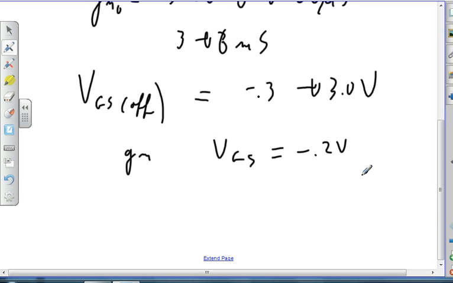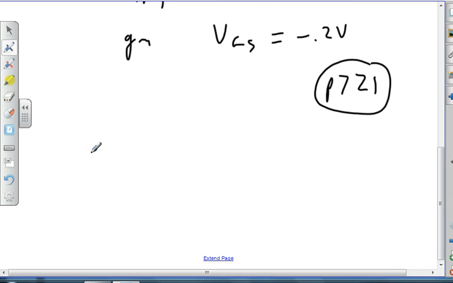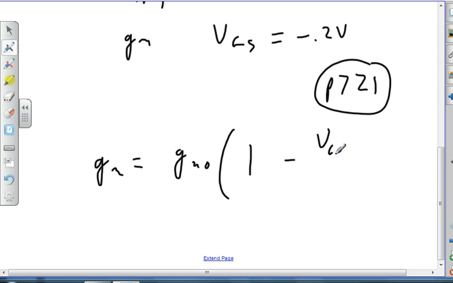Hey, you made it. Okay, so I'm on page 721, and I see that GM is GMO times 1 minus VGS over VGS off.